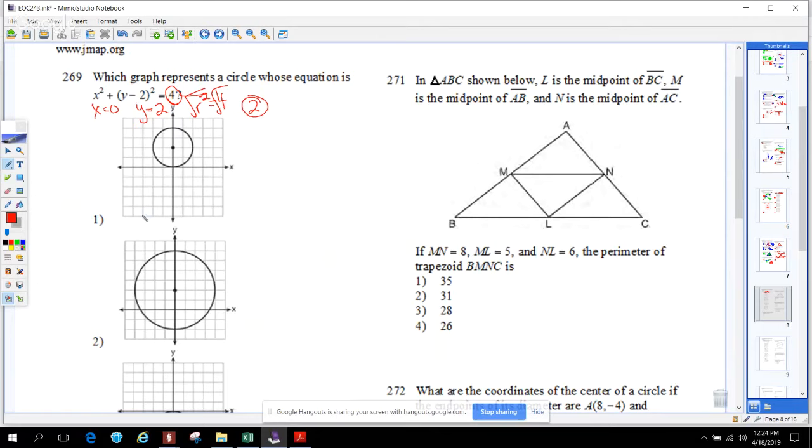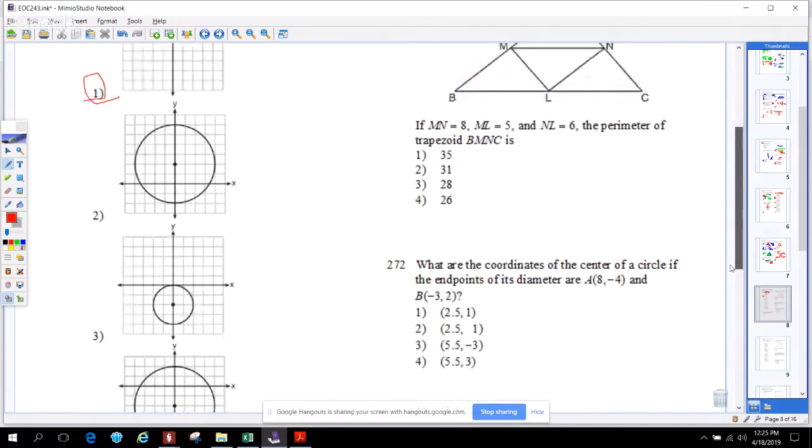So it's going to be number 1. So the main thing here is you have to remember to take the square root to get the radius.